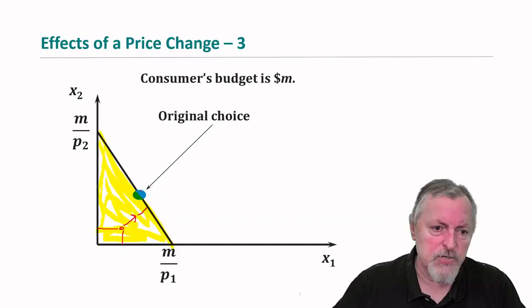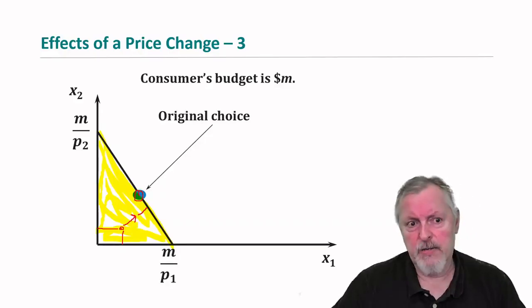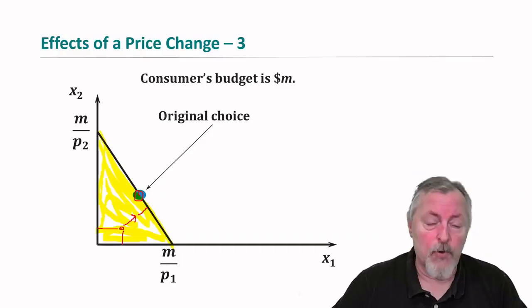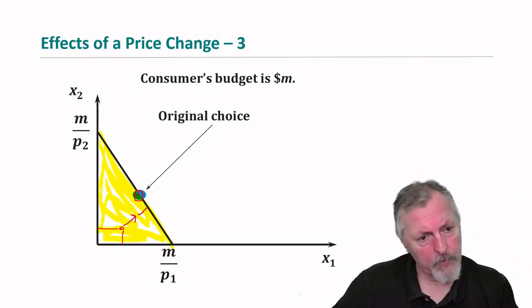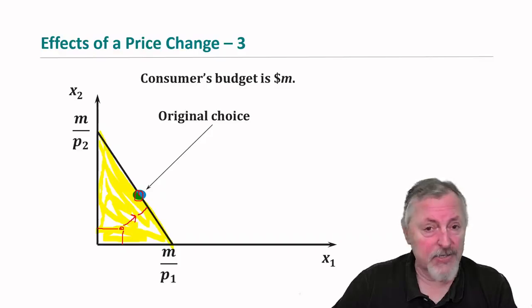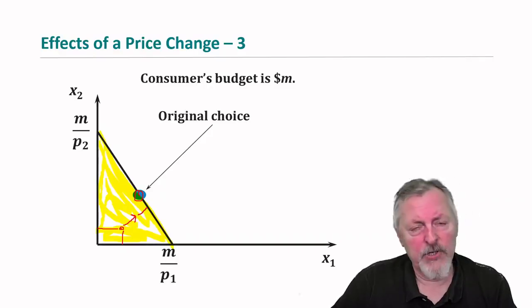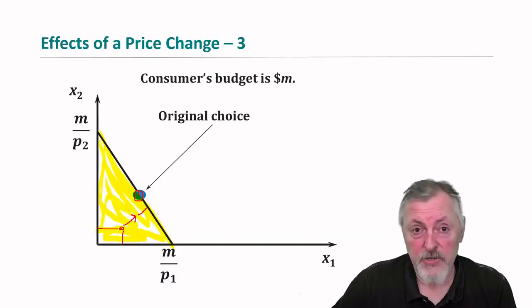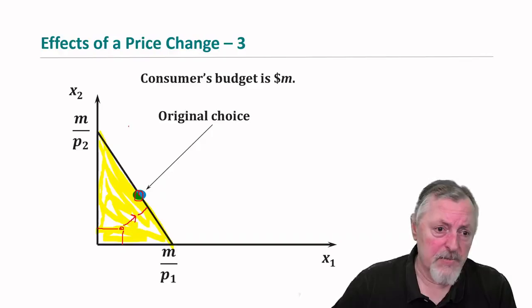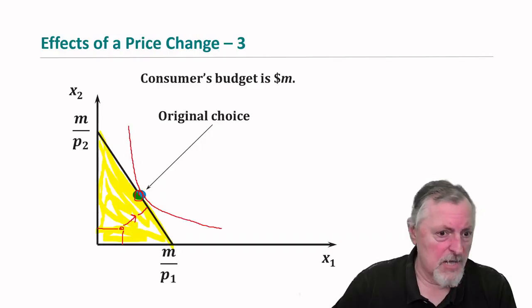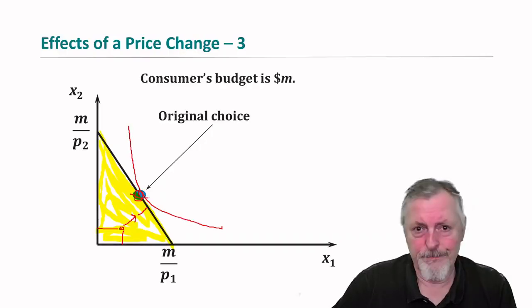We know the person will pick some bundle on the constraint because of all the bundles in the budget set, it is the only one on the budget constraint, on the budget line, that will get this person to the highest indifference curve. In this case, if the indifference curve was like that, it's this bundle.